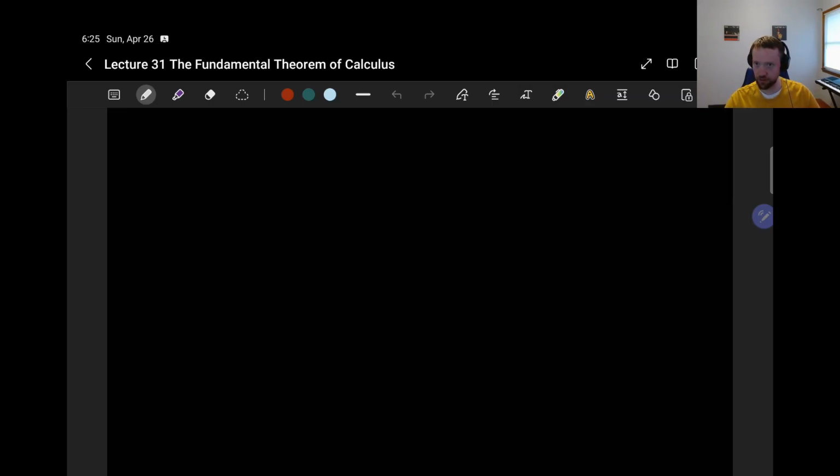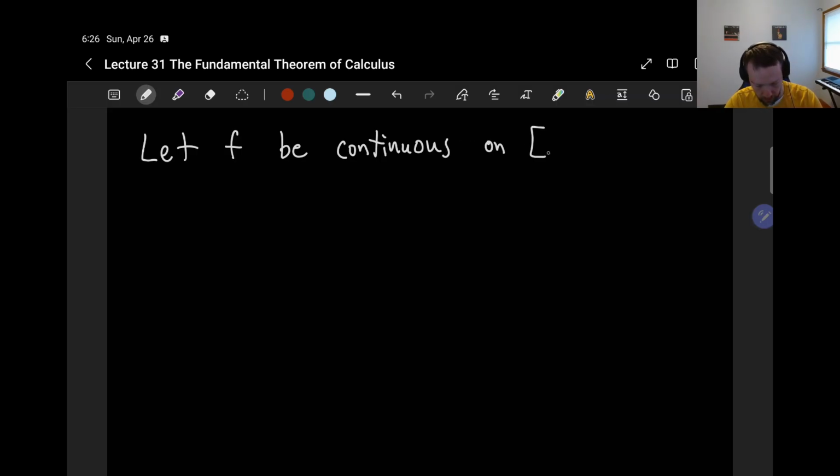Well, the fundamental theorem of calculus is a nice way to calculate definite integrals, and it brings in our other type of integral to do so, meaning we're going to use the antiderivative. So let f be a continuous function on the closed interval from a to b.